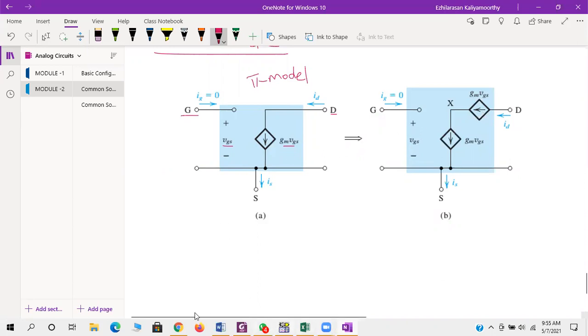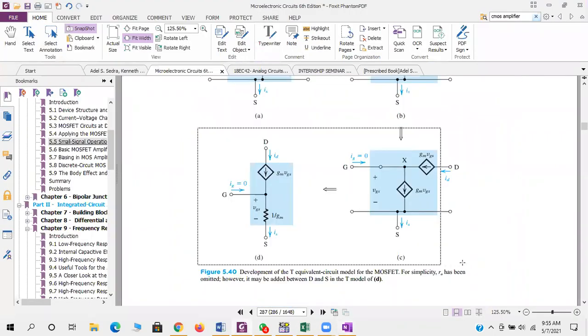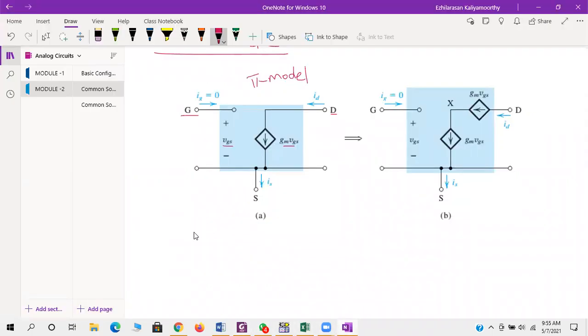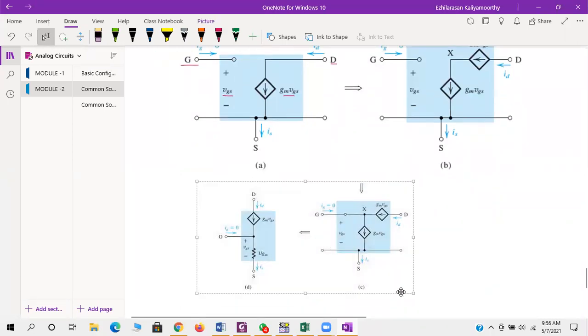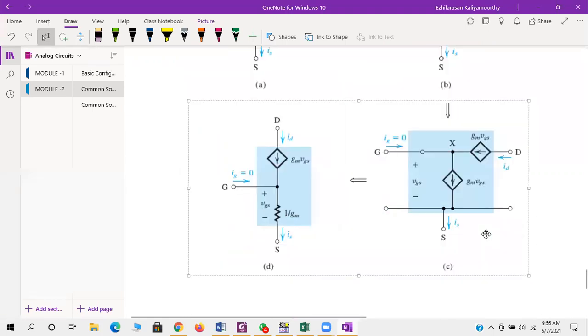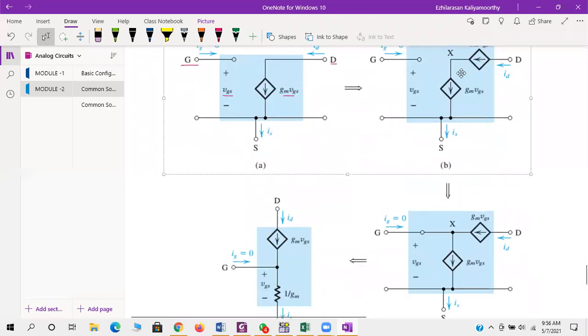Next, let us take the next step. See now, what did we do here? Here a current source is there, and from the current source, here also a current source. Here we can find this is an open circuit, correct?